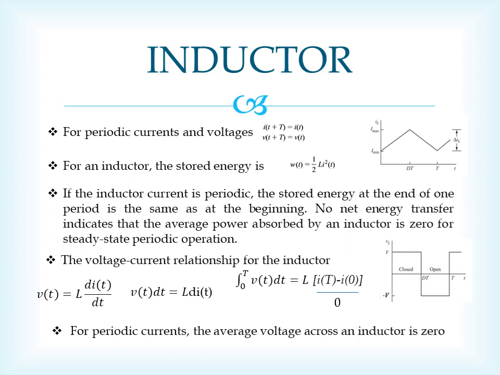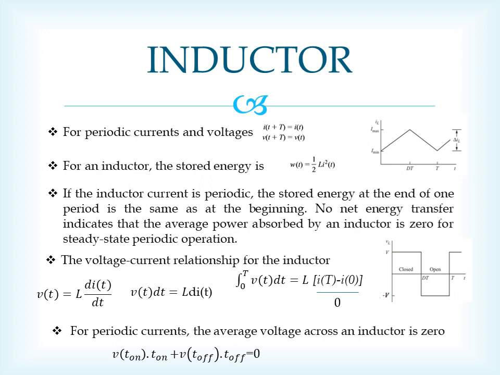So we can observe this in the waveform also. Wherever we have drawn the voltage waveform for inductor, we have seen that the average value is 0. You can see here the voltage for one time period is positive, for another time period it is negative. So it is 0. Further, this can be written as average voltage into dt.